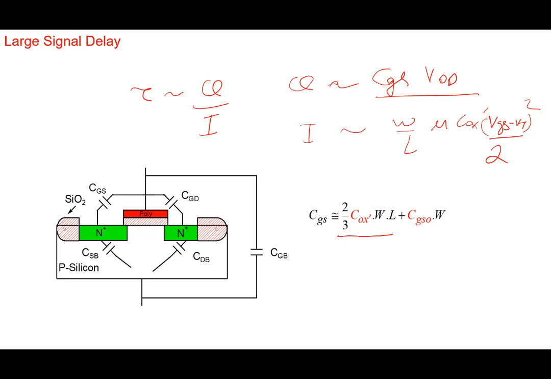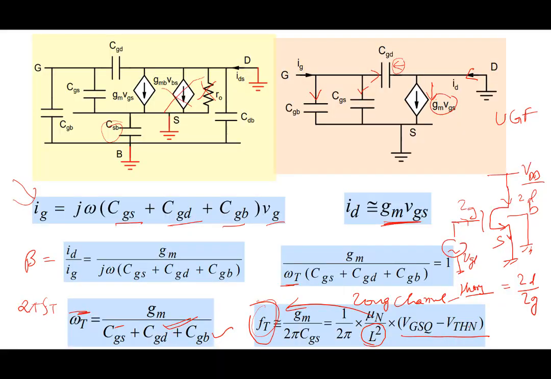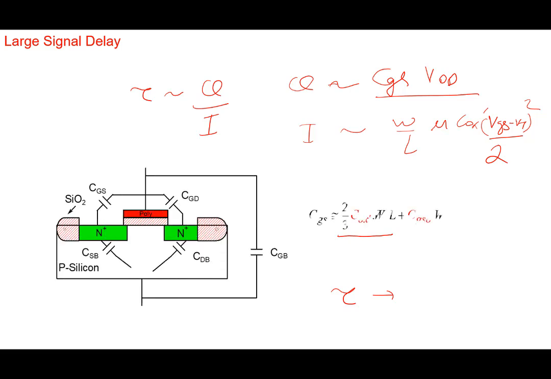Divide the two, get an expression for tau, and you will see a similar thing here. Do that by yourself, you'll see the same factors: mobility, L square, VGS, exactly the same factors. So do this by yourself and check this large signal delay if you want. This much charge I have to supply, this much current is available.